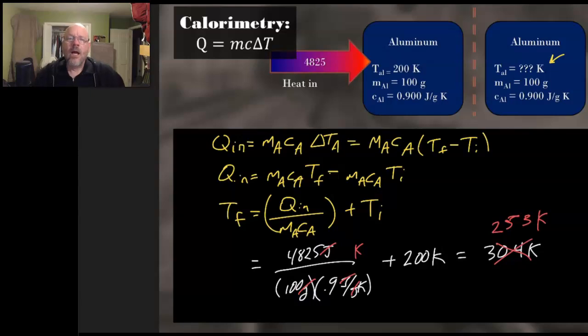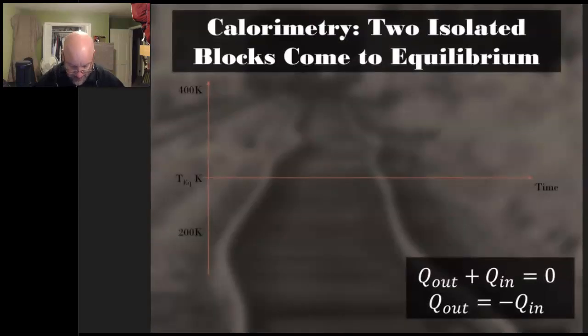Okay, now let's kind of graph what happens to the temperature of the two blocks as a function of time. And what we're going to see is that the copper block is going to cool off over time like this, while the aluminum block is going to warm up over time.